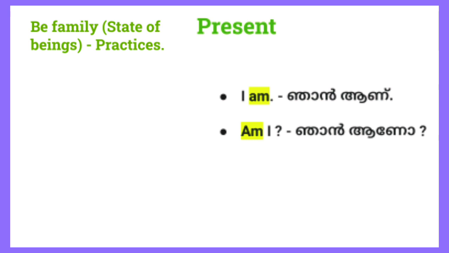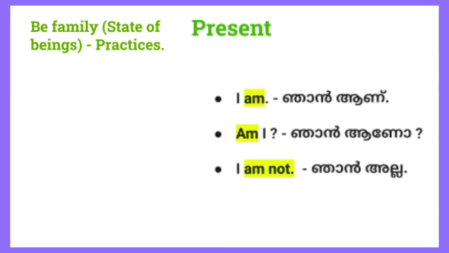Okay. Then am. How can we make it a negative sentence? Yes, just add not, right? So am not. Am not is the negative form of am. Okay.